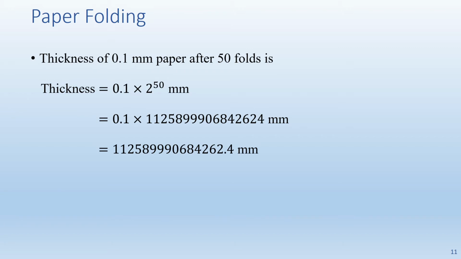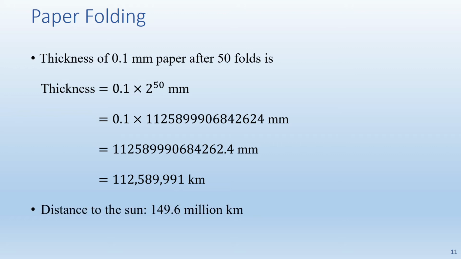So let's change our units from millimeters into kilometers. So we'll divide by 1,000, and that'll give us over 112 million kilometers. So the distance to the sun was the nearest choice.